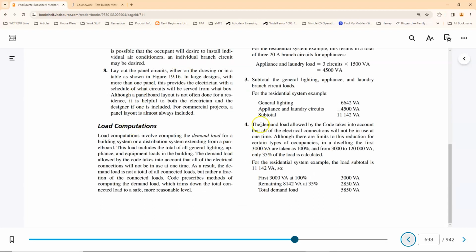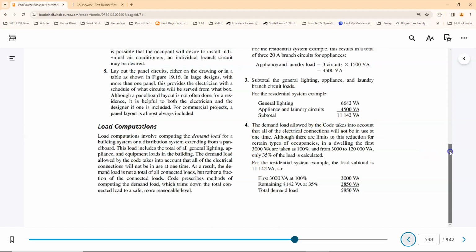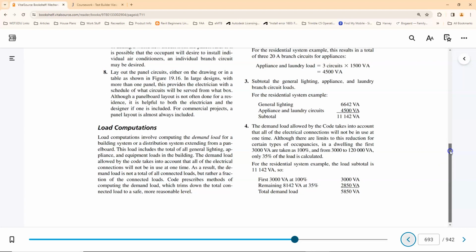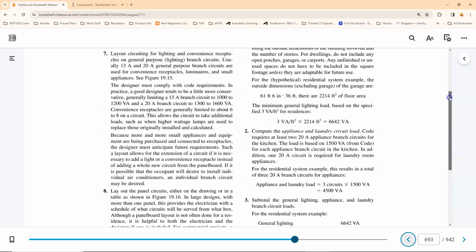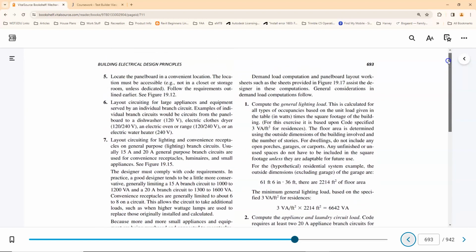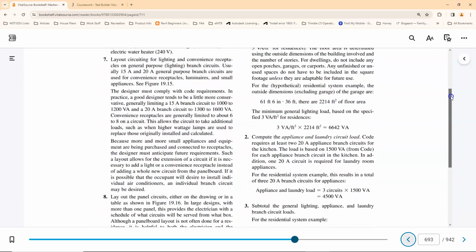The remaining sections in this chapter go into the load computations, and we're going to pause here and not dig into that as deeply, but take a moment and look through this and at least give it a cursory glance at the types of things we're going to be looking at and how we're going to go about calculating those loads.